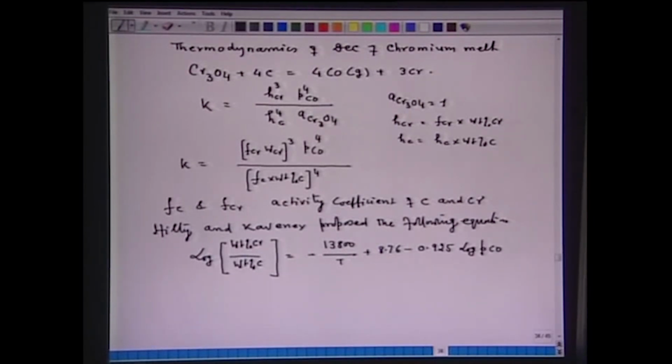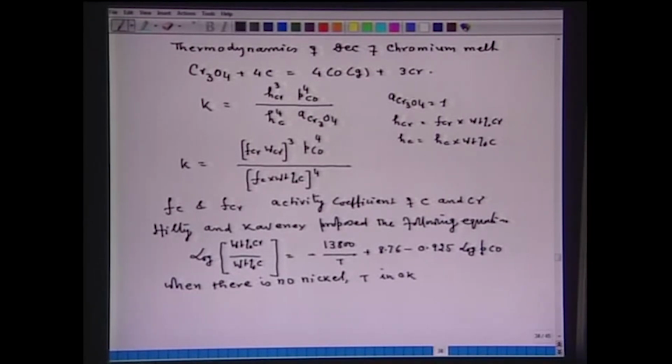Now, this equation is valid when there is no nickel. T is to be substituted in degree Kelvin.